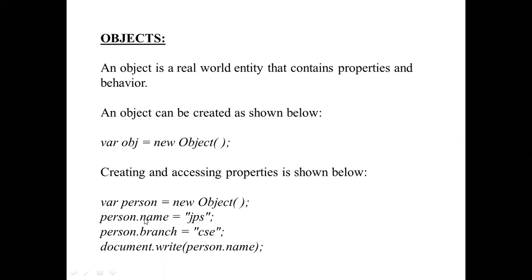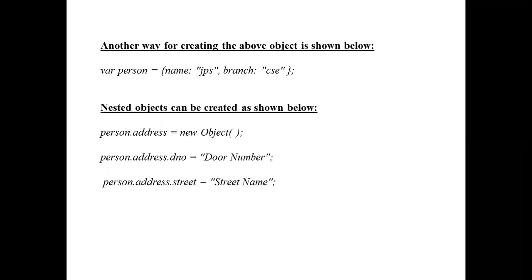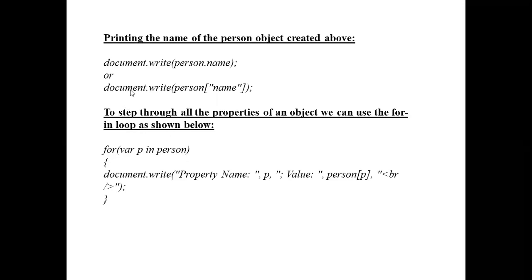We are accessing the property of an object using the dot operator. Next, printing the name of the person object created above. document.write(person.name) prints the value of the property name of the object person, that is JPS. Second, another way of printing the name of the person object created above: document.write of person with the property name taken as an array index.